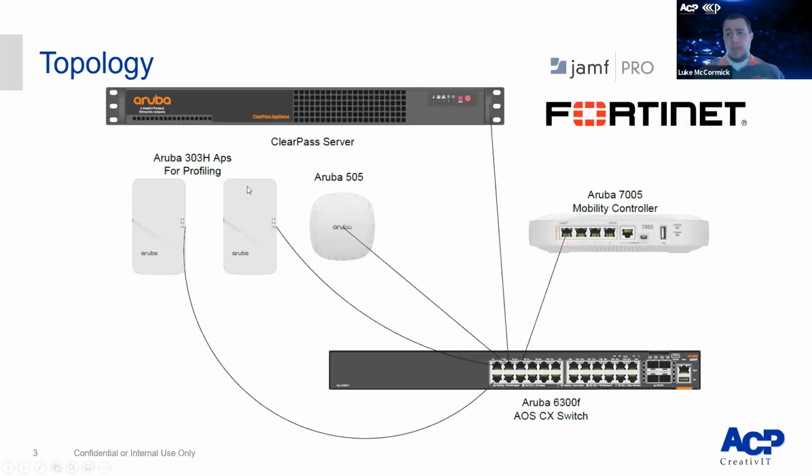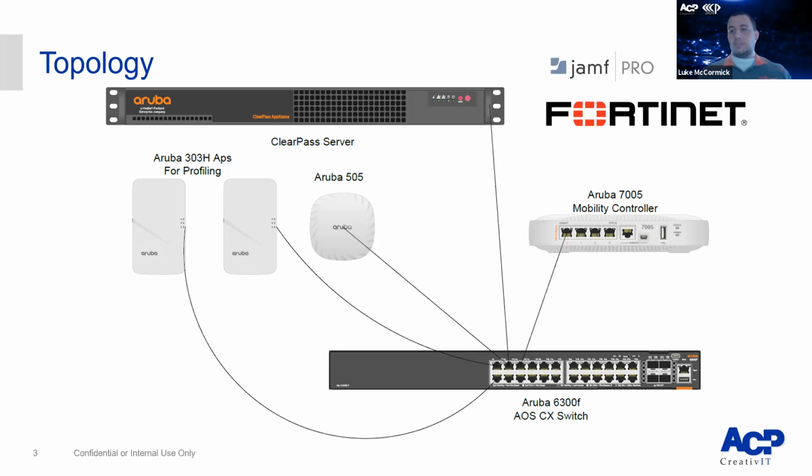I've got a little bit of a topology map. Relatively simple. I like to keep it simple, but you're going to see that this is pretty powerful, even with just a few components here. So we've got an Aruba ClearPass server that's actually a VM in this environment. They do have a physical appliance option or a virtual option. We've seen both. We've done both. I've got some Aruba access points.